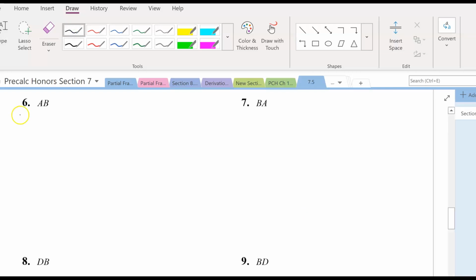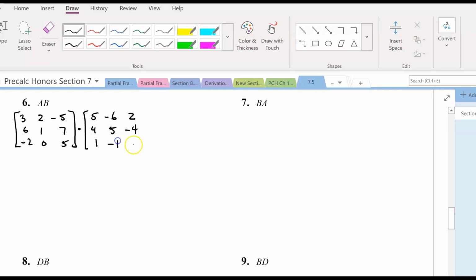So for A times B, I've got matrix A, which is 3, 2, negative 5, 6, 1, 7, and negative 2, 0, 5. And I'm going to multiply that by matrix B, which is 5, negative 6, 2, 4, 5, negative 4, 1, negative 1, and 0.